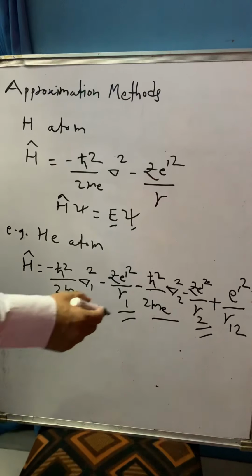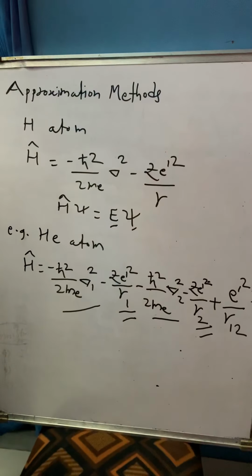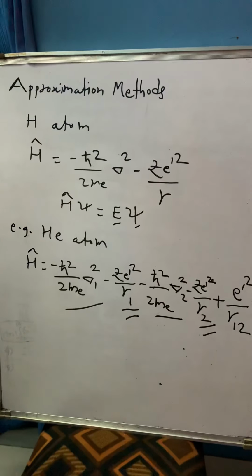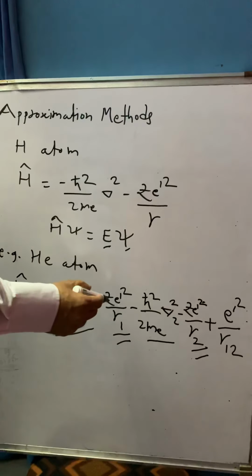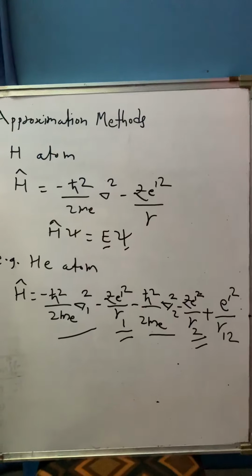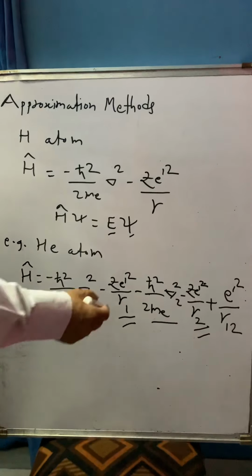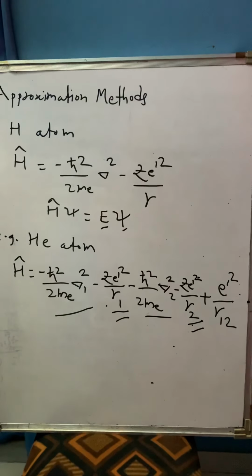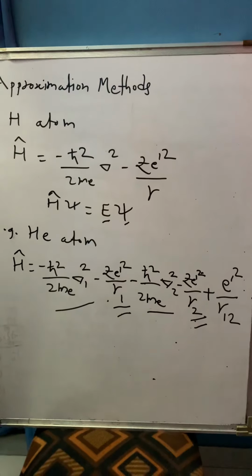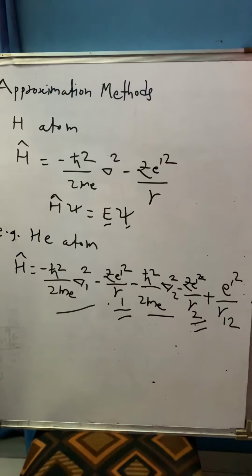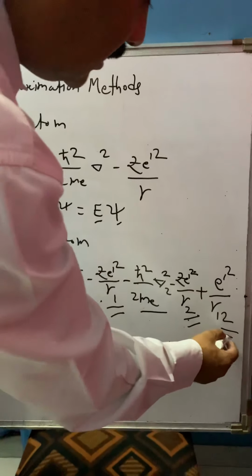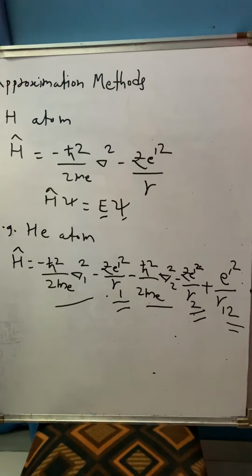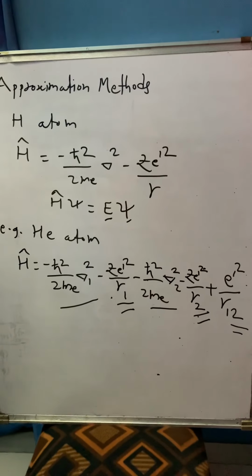R1 is the distance between the first electron and nucleus, and R2 is the distance between the second electron and nucleus. This term represents the potential energy of attraction between the first electron and nucleus, this term represents the potential energy of attraction between the second electron and nucleus, and this last term represents the potential energy of repulsion between the electrons present in the system.